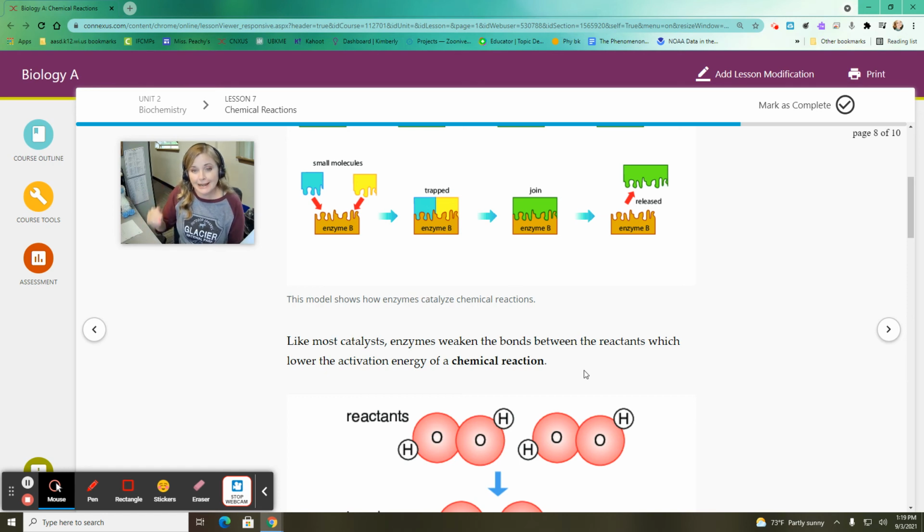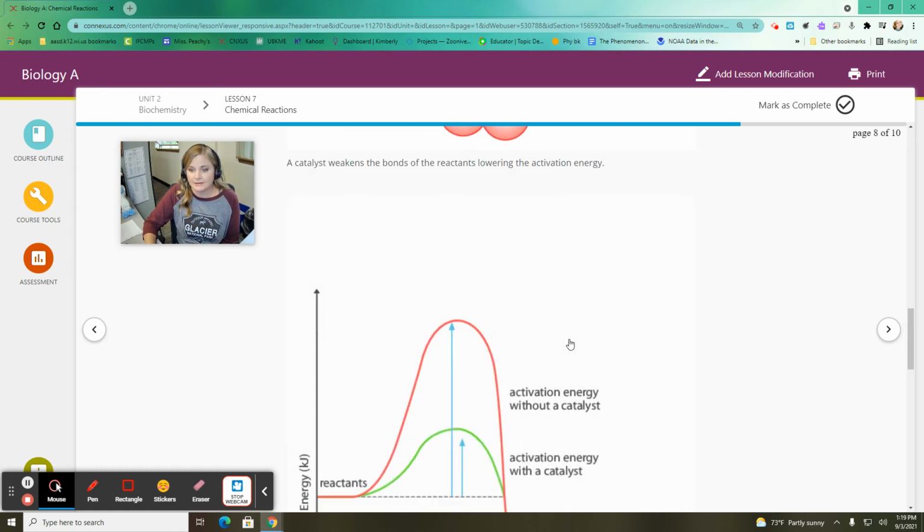Remember, you need to meet that activation energy for the reaction to even start. Sometimes that activation energy requirement is way too high for your body to get the reaction to go. So an enzyme is required to bring that activation energy down a little bit in order to get that chemical reaction to actually take place. Okay.